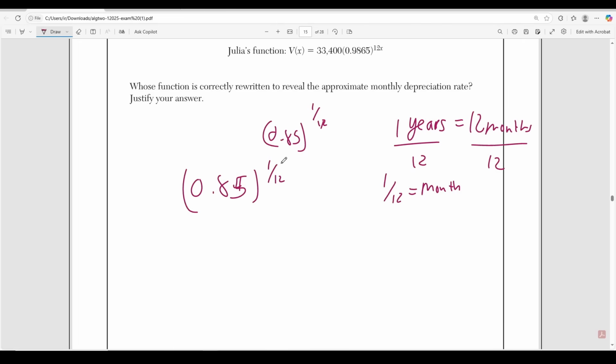Okay, so if we raise this annual depreciation rate to this power, we're then converting this yearly rate into a monthly rate, because 1/12 of this is what you depreciate by every single month, right? So this is, in other words, the amount that you depreciate by in 12 months, right? Because that's how many months are in a year. 1 over 12 is how much you depreciate per 1 month, which is a monthly rate, okay?